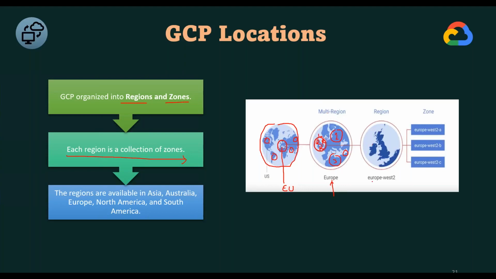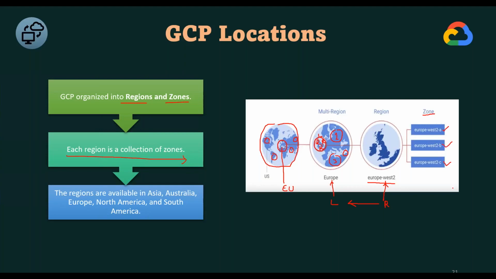And when I look at one region, that is named Europe West 2. Europe West 2 is one of the regions in the Europe location. When you look at the region, you will have plenty of zones again. Europe West 2 has 2A as one zone, 2B as one more zone, 2C as one more zone.